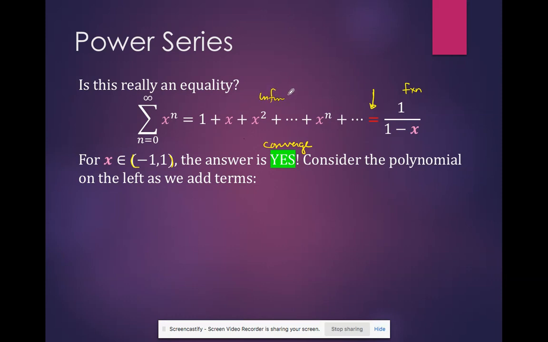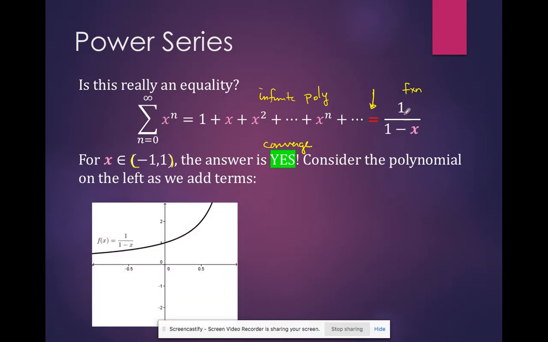Infinite polynomials are challenging to deal with, but rational functions, I got a lot of background in that, and so do you. So here's the picture of the function. There's the function, 1 over 1 minus x, from -1 to 1 only.